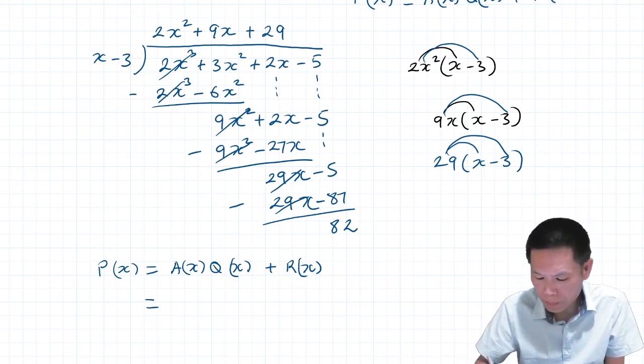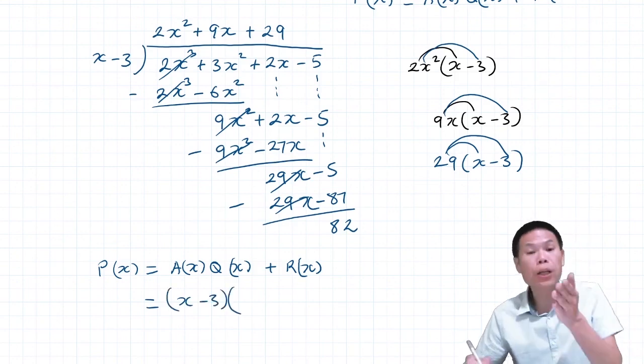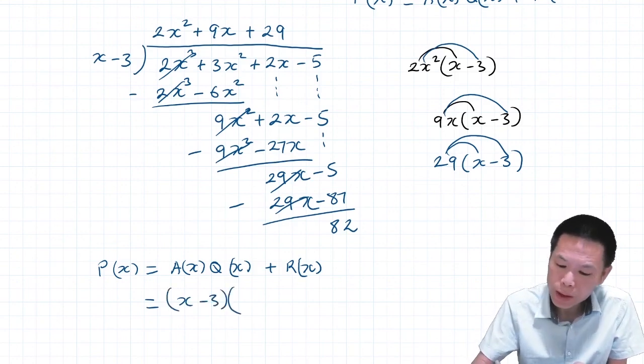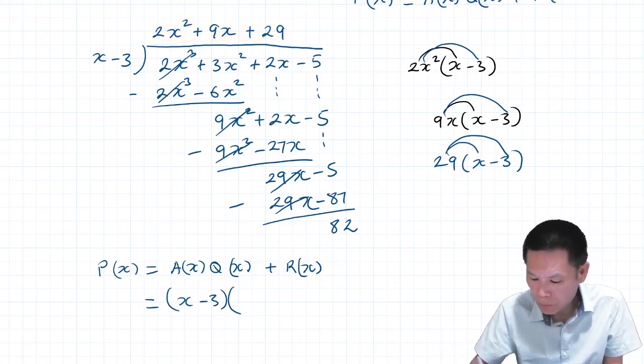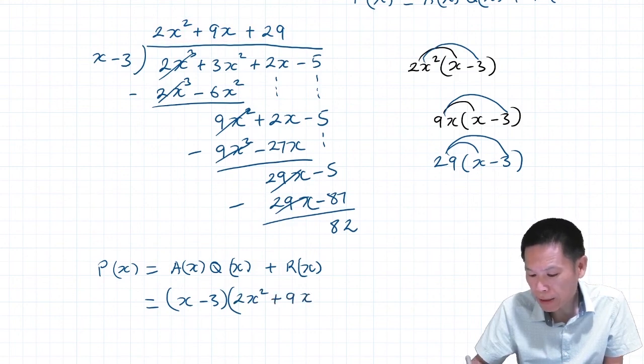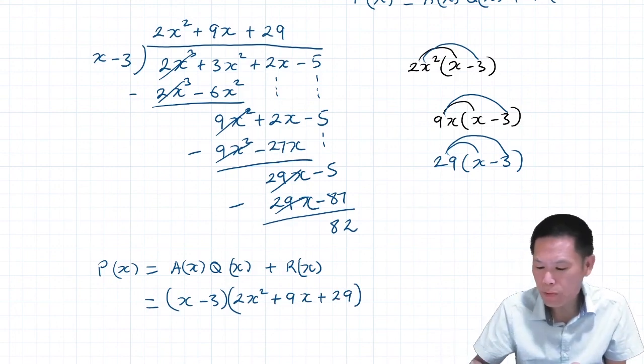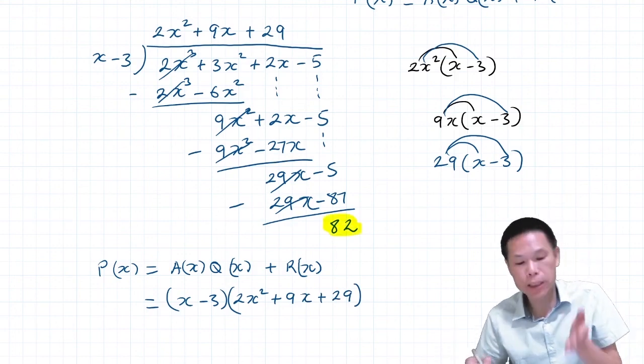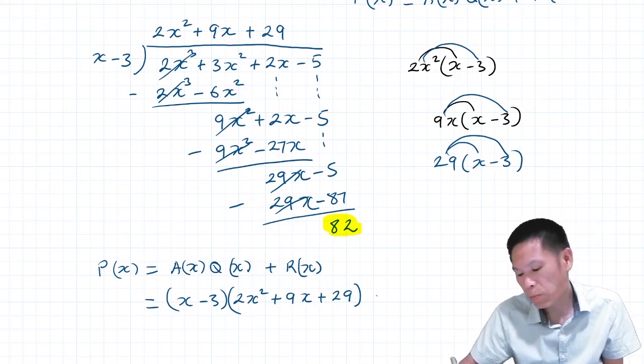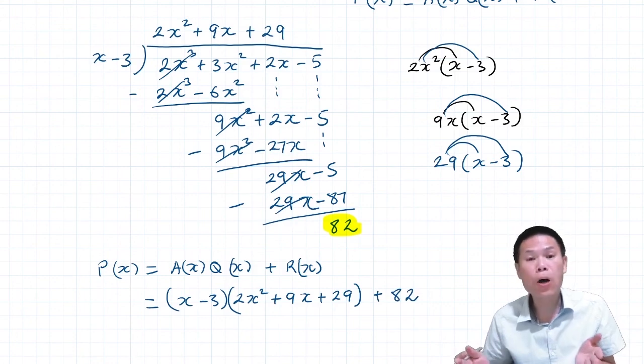And then Q(x) is the quotient. This is the quotient here. So that will give me 2x squared plus 9x plus 29 and plus the remainder. So this remainder here is 82. So we plus 82. There you go.